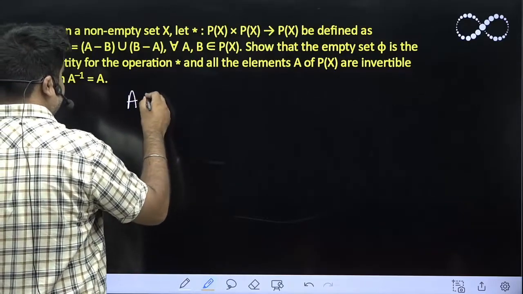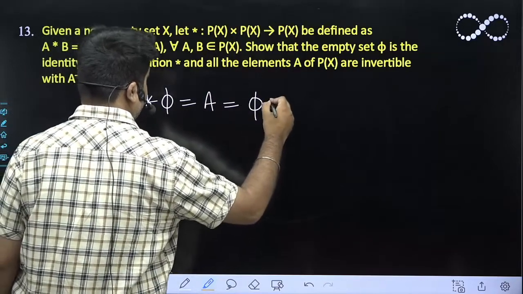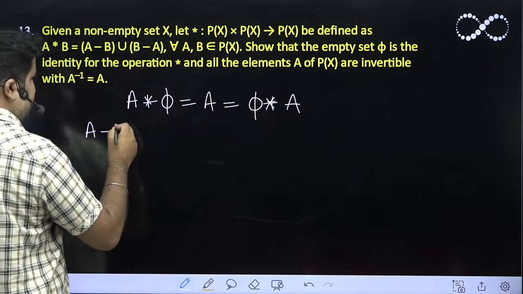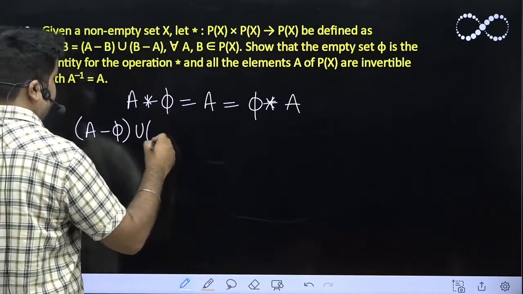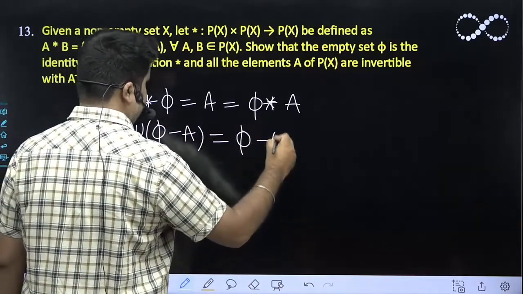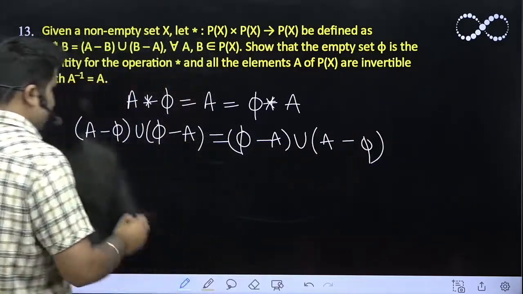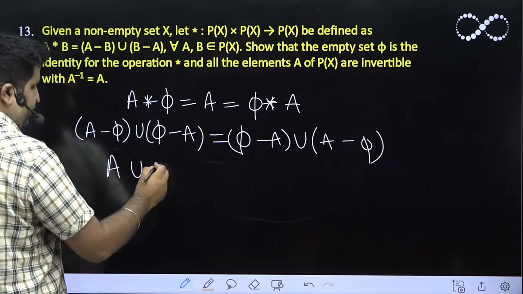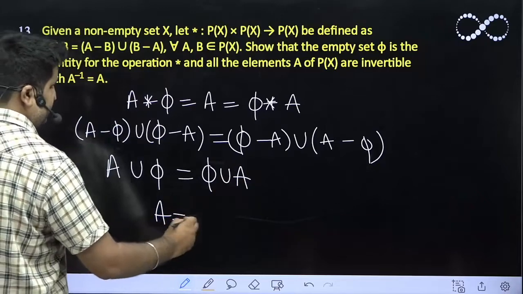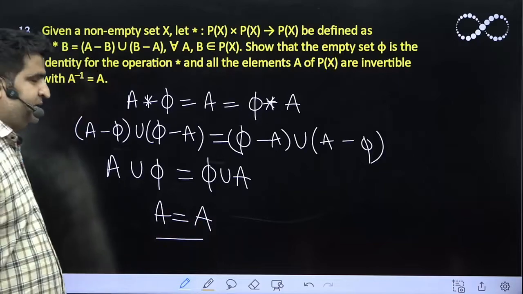If we take A star phi, this should be equal to A, which is equal to phi star A. So what is A star phi? This is (A minus phi) union (phi minus A). And phi star A is (phi minus A) union (A minus phi). What is A minus phi? A. So A union phi, phi union A, in both cases you are getting A. So therefore the empty set phi is the identity for this operation.